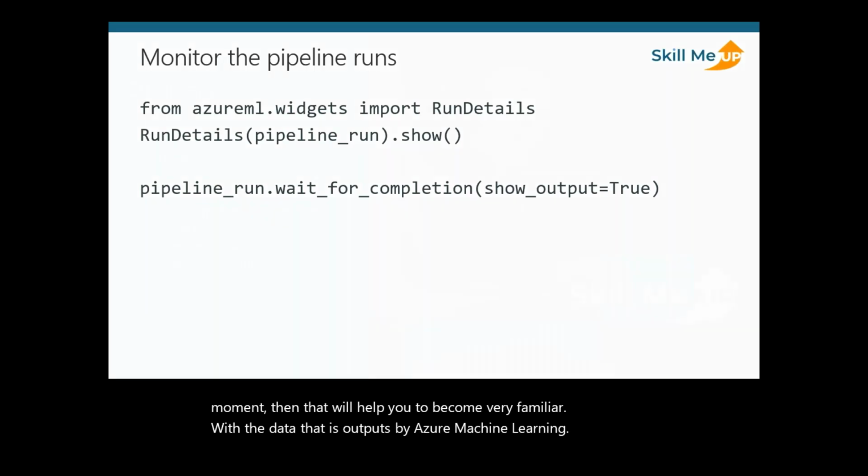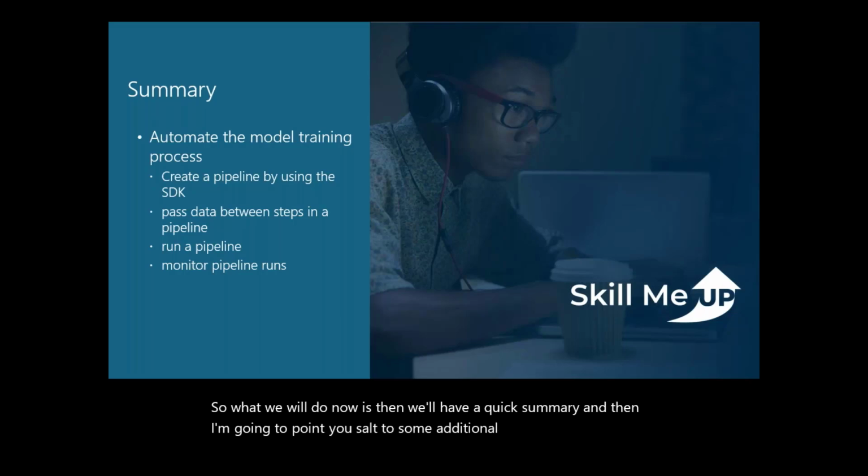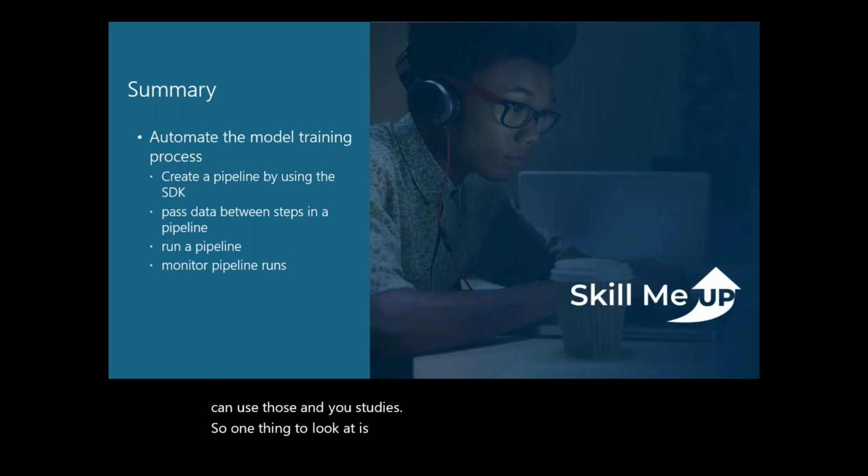So what we will do now is we'll have a quick summary, and then I'm going to point you to some additional resources so that you can use those in your studies. So one thing to look at is the Azure Machine Learning GitHub repository for DP-100.